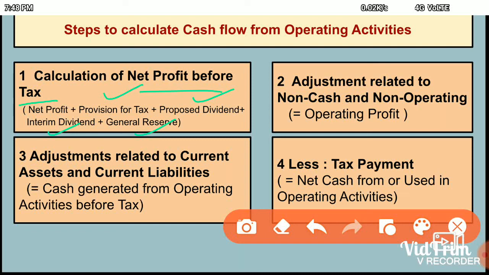After getting the net profit before tax, we adjust all the items of non-cash and non-operating activities which have affected the net profit before tax. After the adjustment, we get the operating profit.